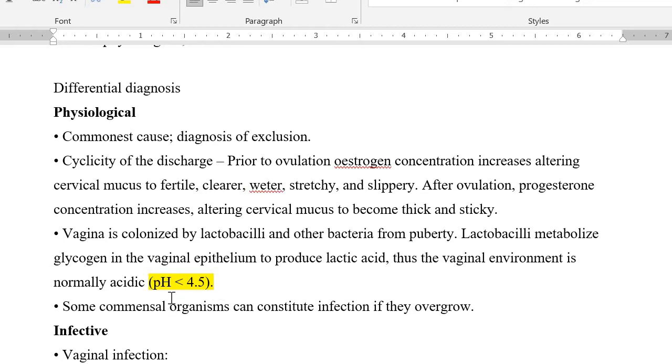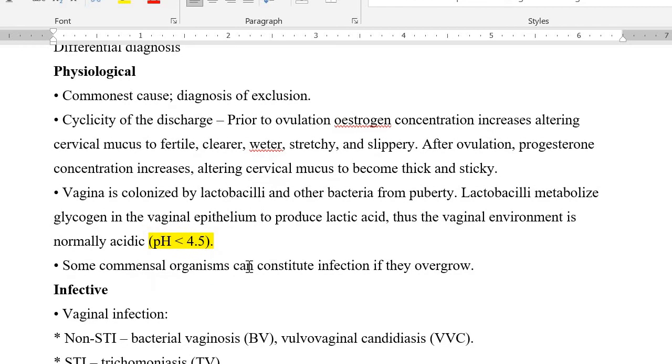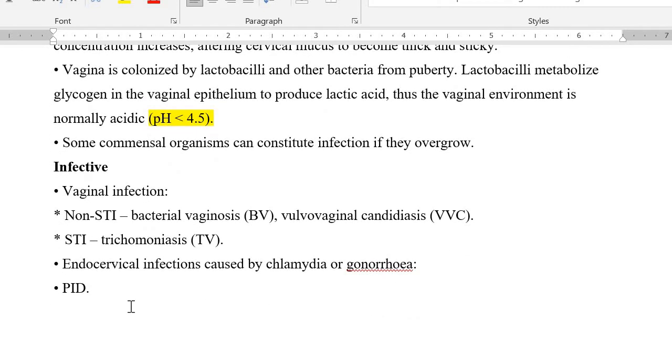Compare it to the rest of the body, where the pH is maintained between 7.3 and 7.4. As compared to the rest of the body, this area is very acidic, and it is because of the lactic acid produced by lactobacilli.